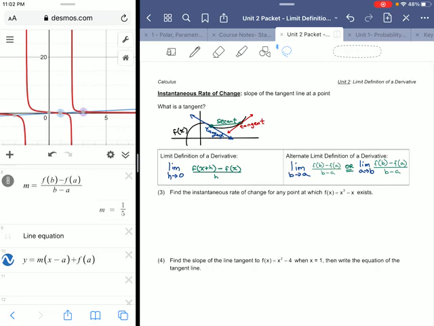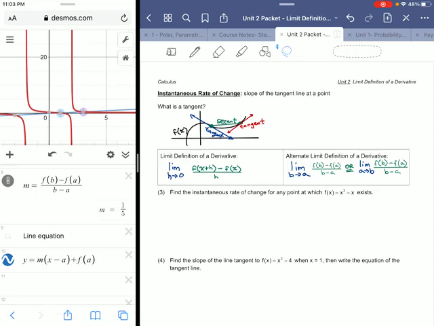All right. First thing that we have to come up with is the answer to the question: which formula should I use? The limit definition or the alternate limit definition? One thing to keep in mind is they didn't give us any points. It says find the instantaneous rate of change for any point. Actually, I'm kind of wrong in saying that.